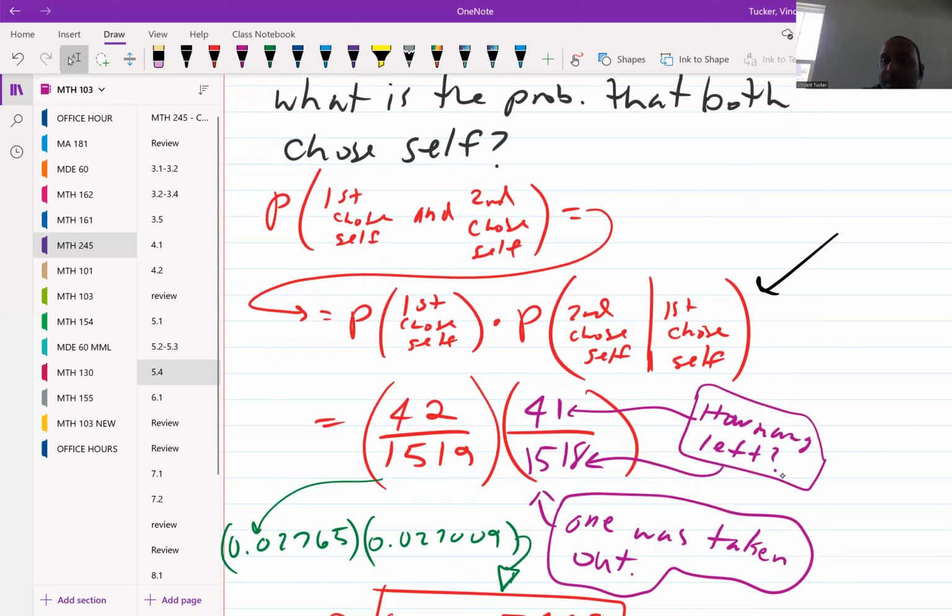Those purple notes here are just emphasizing what we're talking about. So the 41 and the 1,518 come from what was left from the group originally. There's only 41 people left that chose self, and then there's 1,518 people left altogether from the survey.